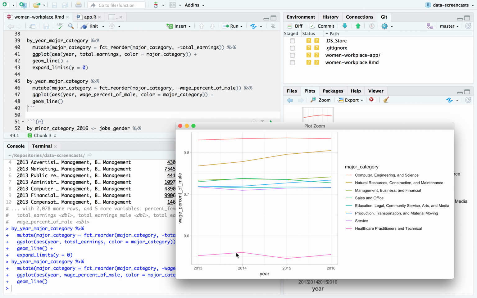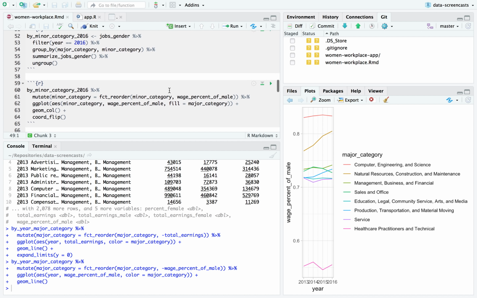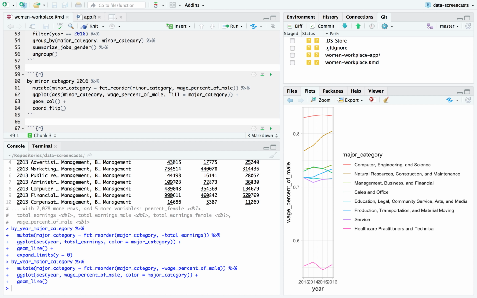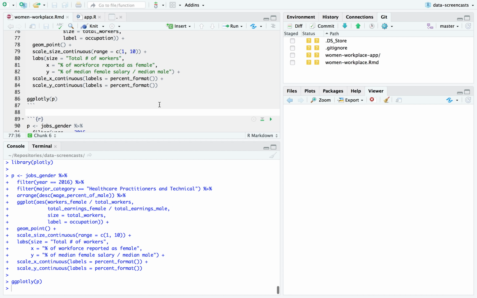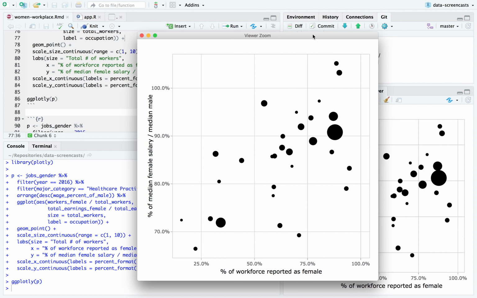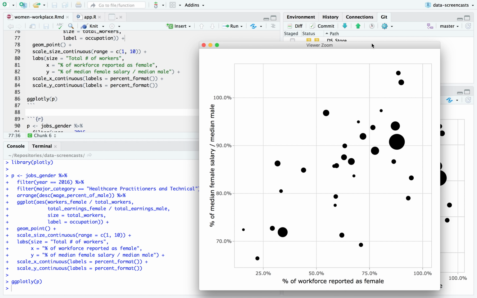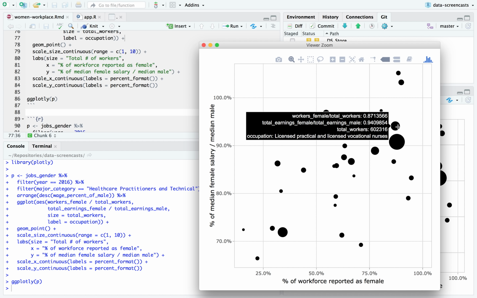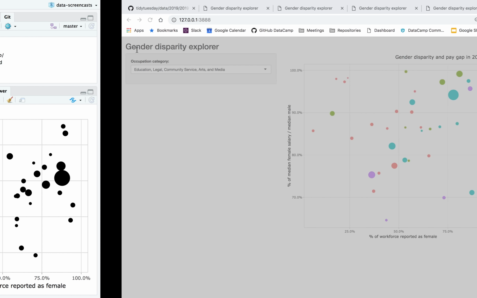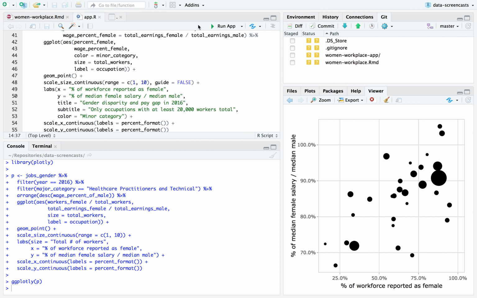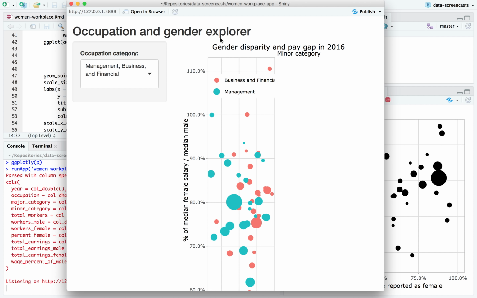We were interested in digging deeper into healthcare, so I created both first a static visualization and then an interactive visualization looking particularly at healthcare, and then I realized I wanted to make an interactive exploration of it that I did with the Shiny app that's visible here.